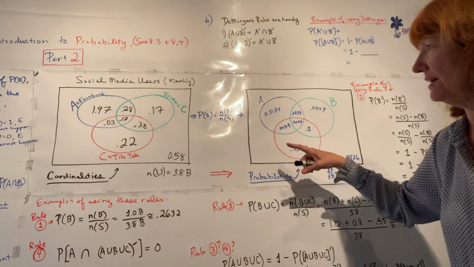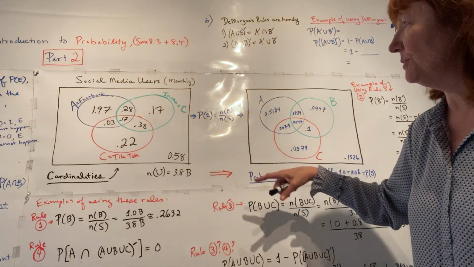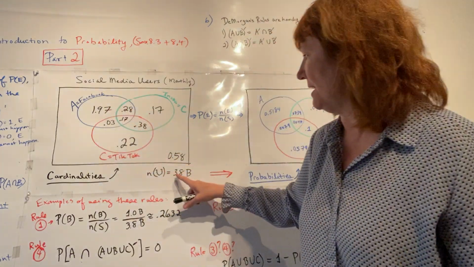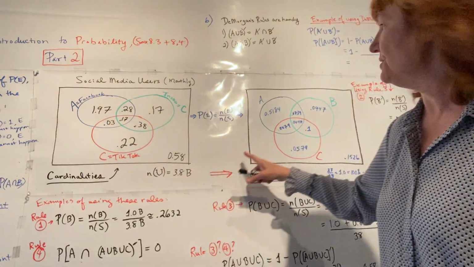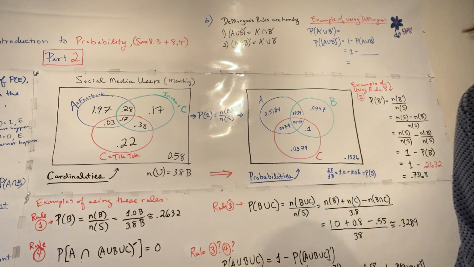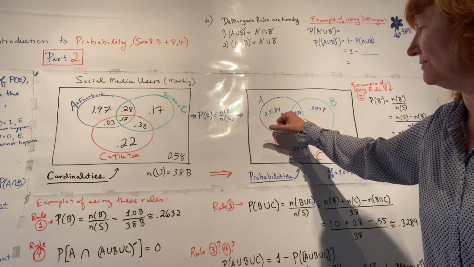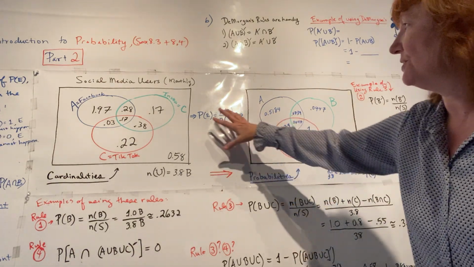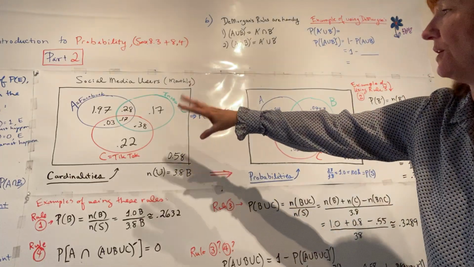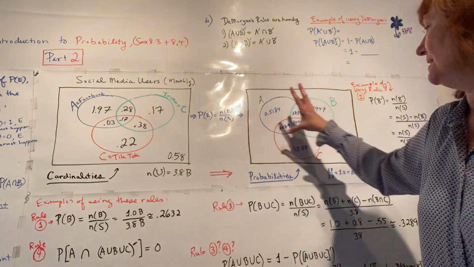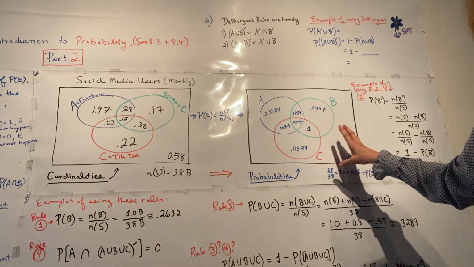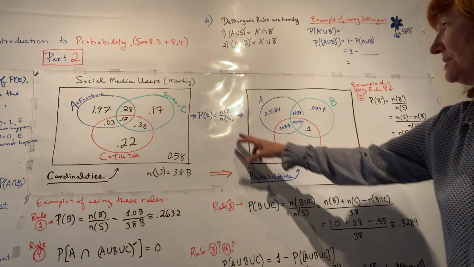That probability is found by taking 1.97 and dividing it by 3.8 to get this number here, 0.5184. Okay, so transforming all these cardinalities of sets into probabilities simply by using that rule.